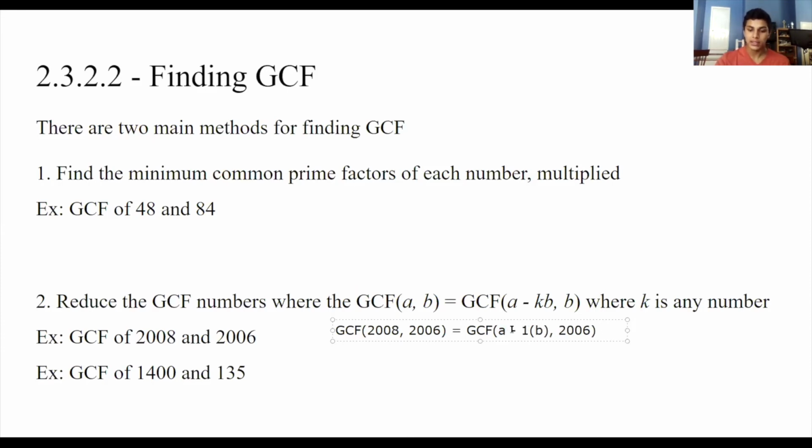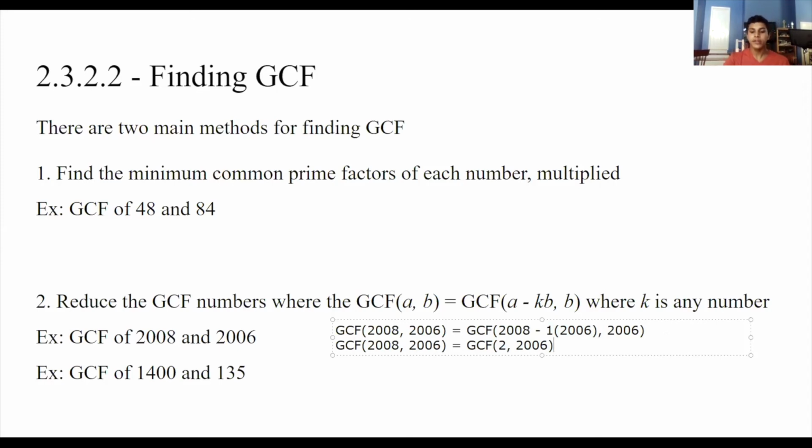If I simplify this GCF of A minus 1 times B, then that would simplify to 2008 minus 1 times 2006, because 2008 is A and 2006 is B. So I'd be left with GCF of 2008 and 2006 will be equal to the GCF of 2008 minus 1 times 2006, and this entire thing simplifies to 2 and 2006.